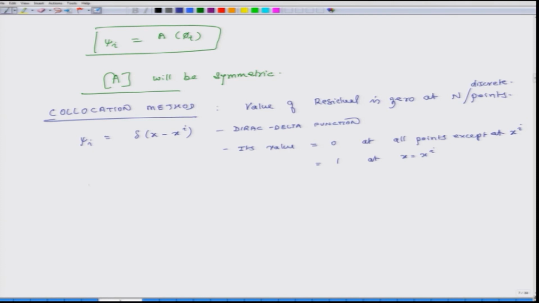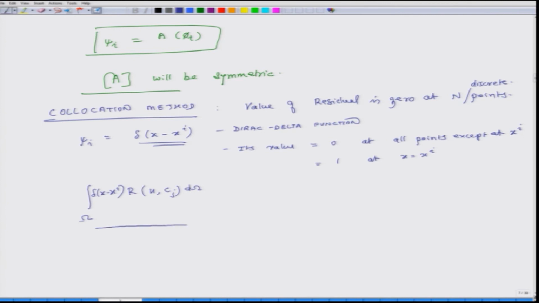So, in this case my equation is the integral over omega of psi I, this was my weighted residual statement, and suppose it was only one dimensional, d omega, right, and here I replace psi I by the Dirac delta function. Okay.